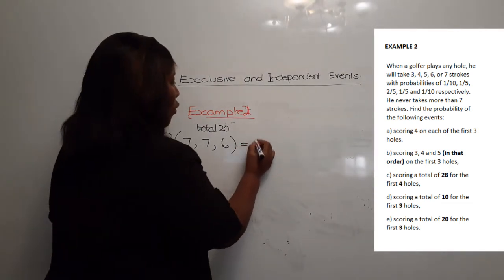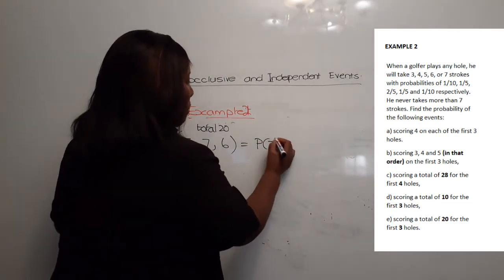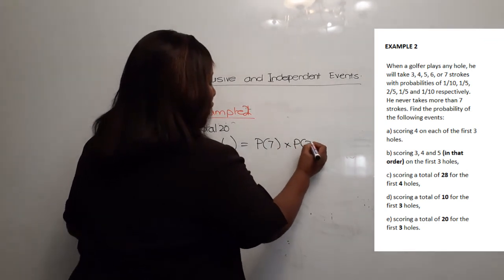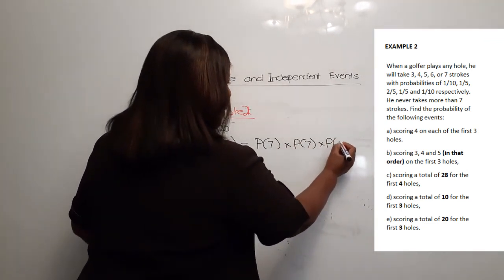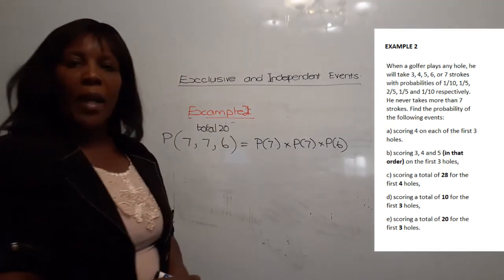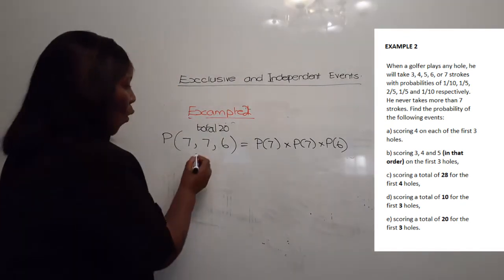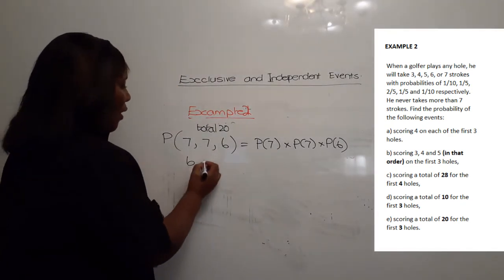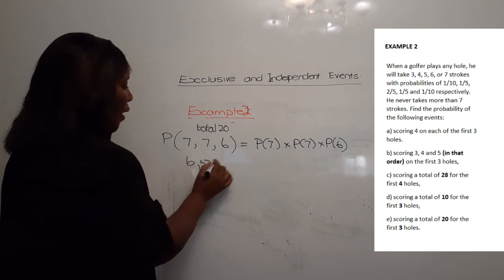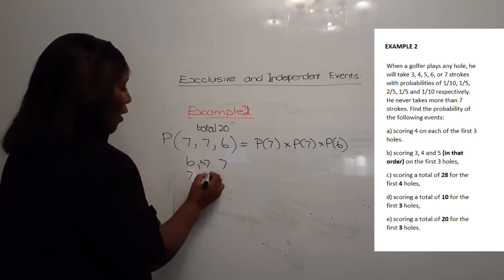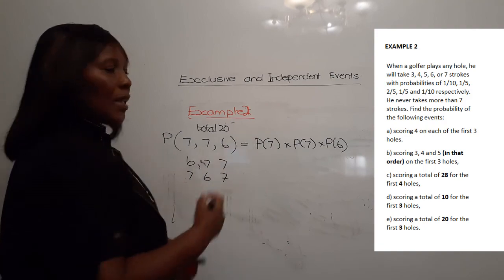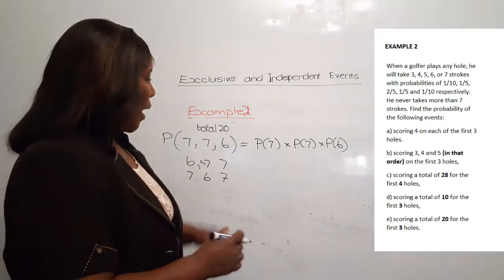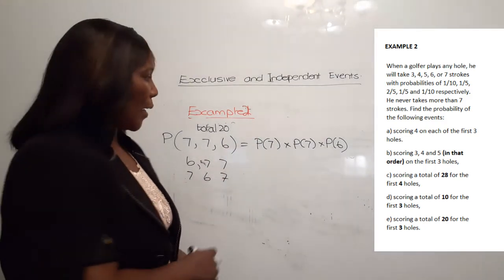So this is equal to probability of 7 multiplied by probability of 7. Now when you multiply this, remember the order can change. I can have 6, 7, 7. I can have 7, 6, 7. This is another case of multiplying by 3 because they can come in different arrangements.